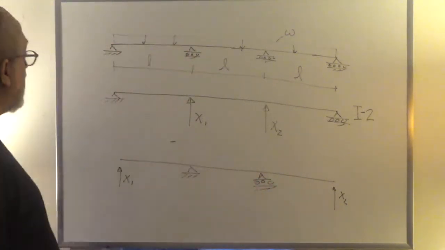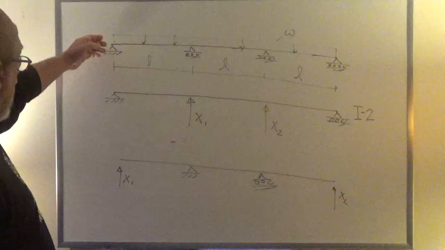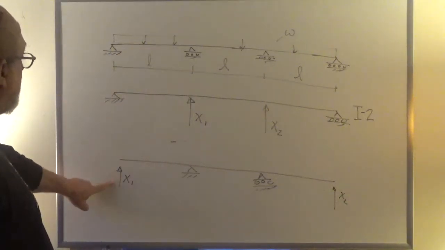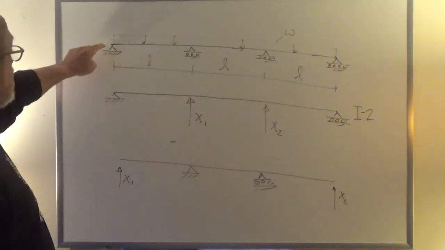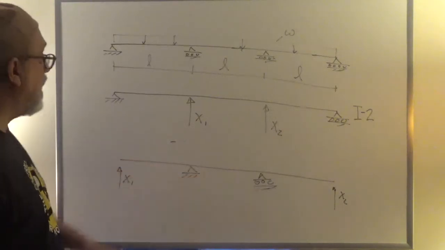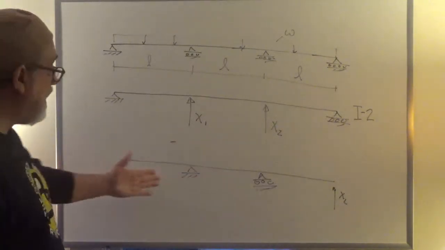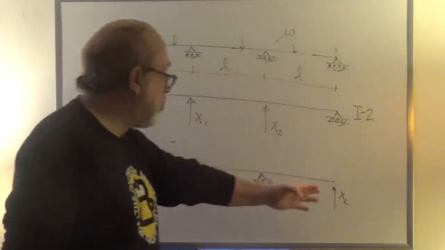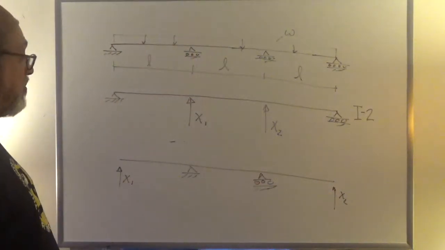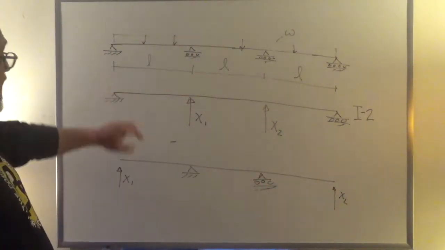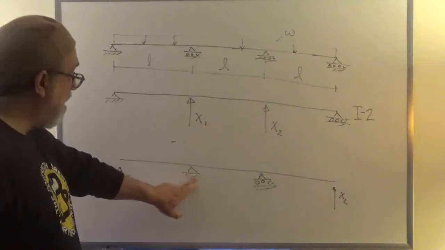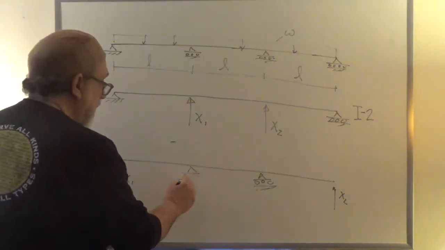So I guess what I'm saying, notice that even though this was a pin, I removed it completely by just giving one unknown. I just simply took the horizontal constraint and put it here. So this would be the way of treating x1 and x2 as being the redundants. The fact that I showed the pin here is actually a completely arbitrary choice.